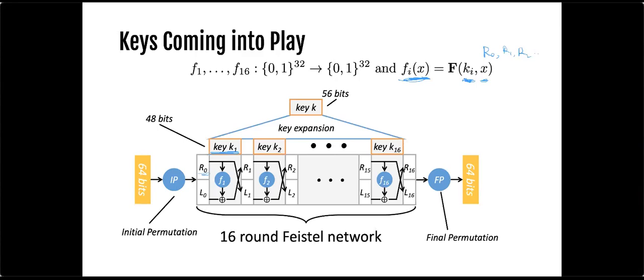Remember that we have 16 rounds, and originally the key is 56 bits. The way it works is that it will use a key expansion algorithm to expand the key from one key of 56 bits to 16 keys with 48 bits. I'm going to just write this formula over here so that it's easier for you to recognize.